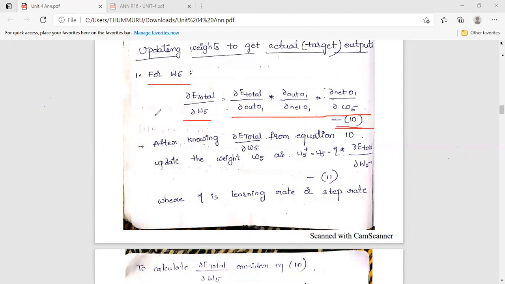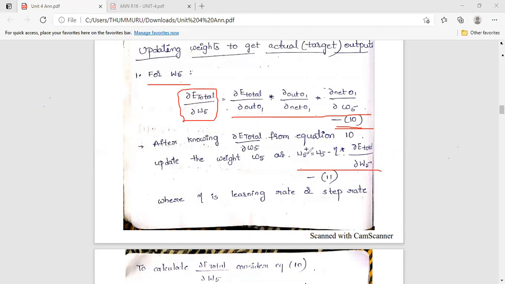After calculating dou E total by dou W5, then go for updating the W5 value, to apply into this formula. How are you going to apply?